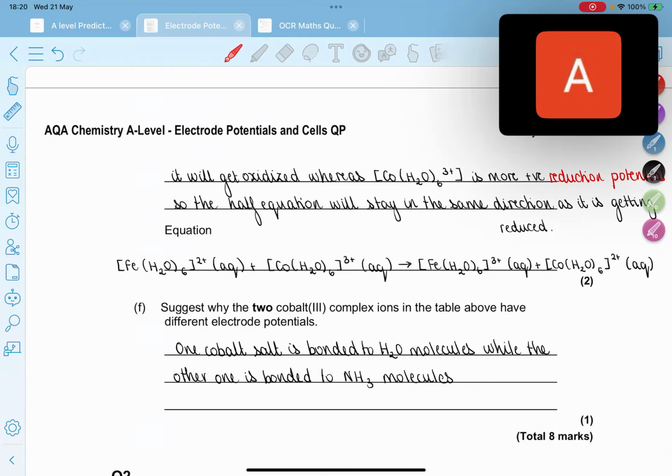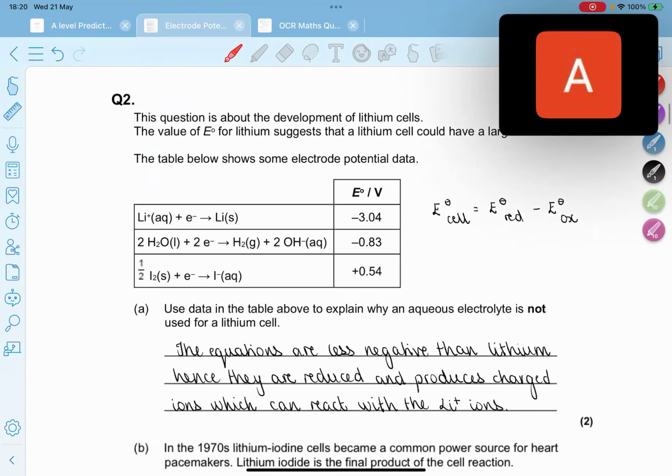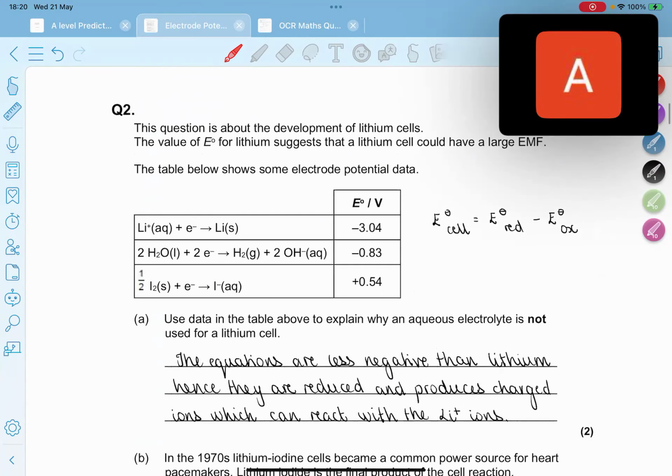Go down, please. You won't be getting the answers in one go, so please go over this. This table suggests this reaction. Explain why an aqueous electrolyte is not used in the lithium cell. These equations are from the lithium cell, so go over the lithium cell also.